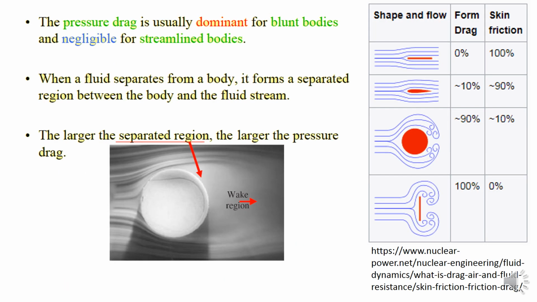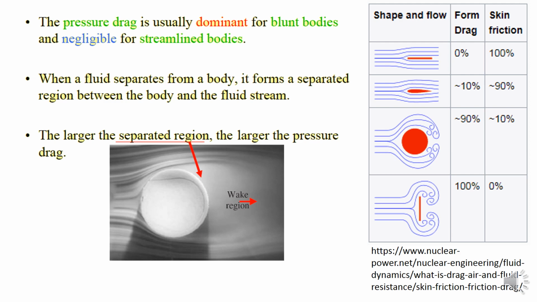The pressure drag is usually dominant for blunt bodies and negligible for streamlined bodies. This can be explained by the figure on your right hand side. You can see the flat plate put horizontally along the streamline, so the pressure drag force is 0% and skin friction force is 100%.